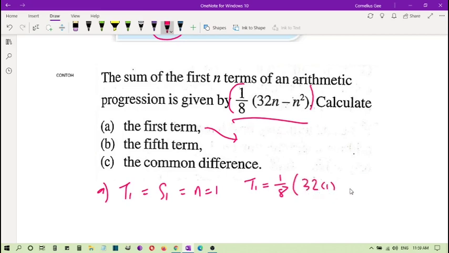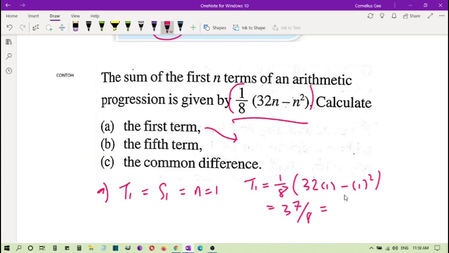So I'll put first term is T1, 1 over 8 times 32 times 1 minus 1 square. So it's how many? 32 minus 1 divided by 8. So it's 3 and 7 over 8, which is actually 3 times 8 plus 7.